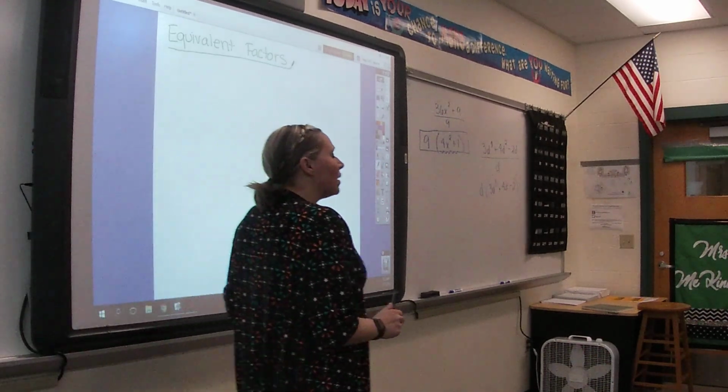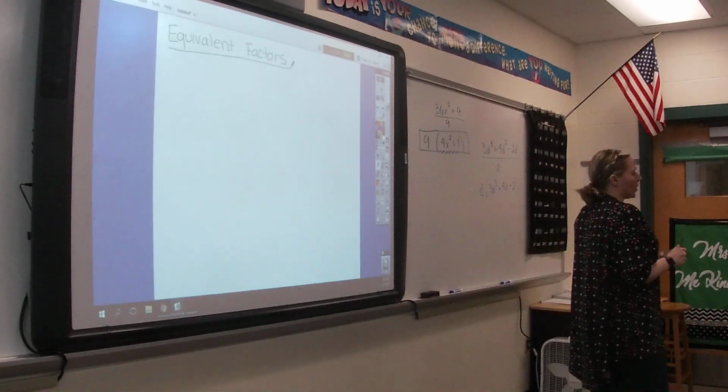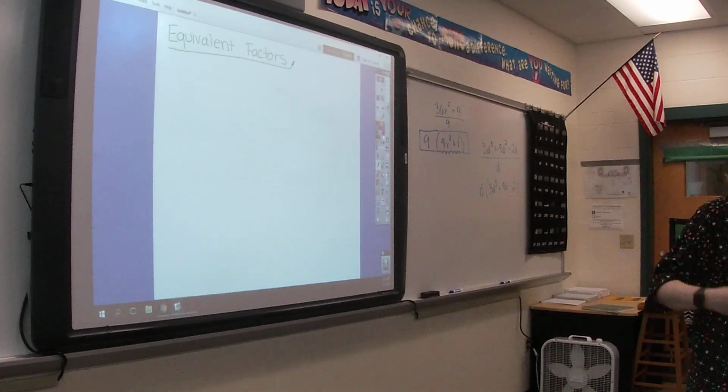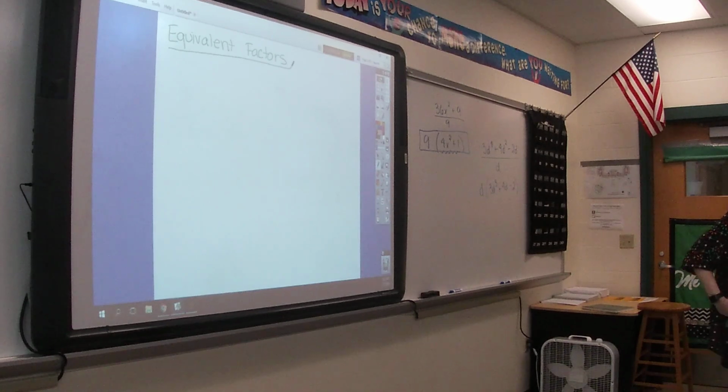So we want to now look at when we factor a trinomial, or anything, when we factor something, what are all the different ways that we can write them? Maybe not what's factored completely, but what are all different representations of the exact same value, the exact same polynomial?